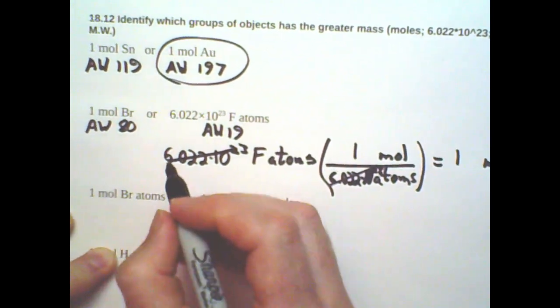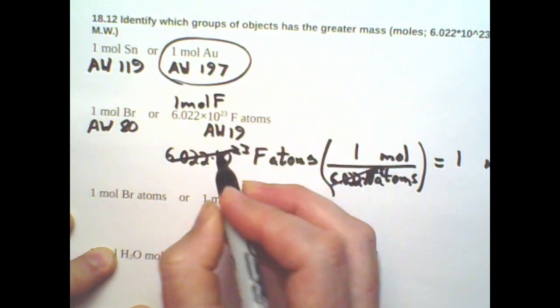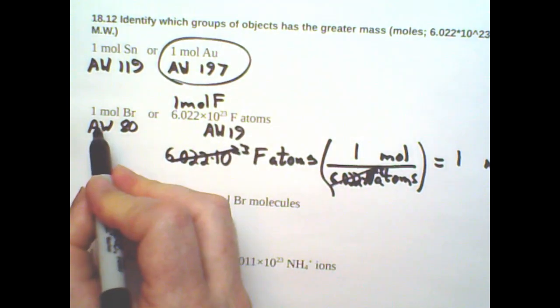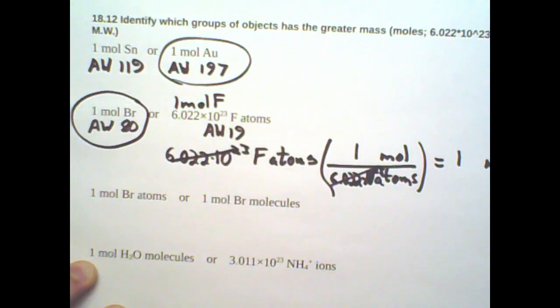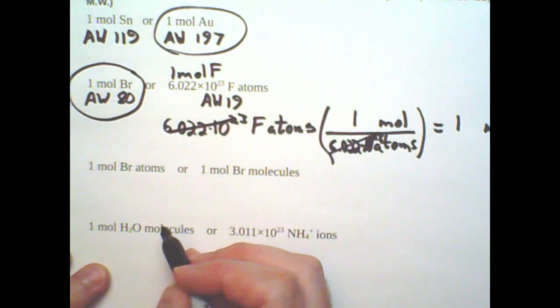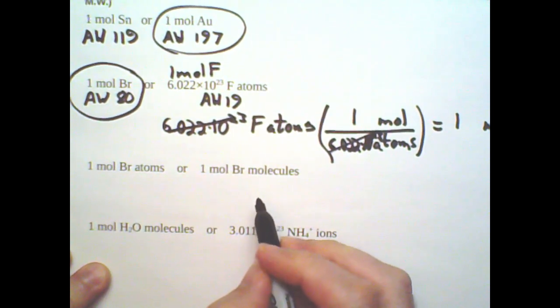So 1 mole fluorine would be 19 grams of fluorine. 1 mole of bromine would be 80 grams of bromine. That one's bigger.